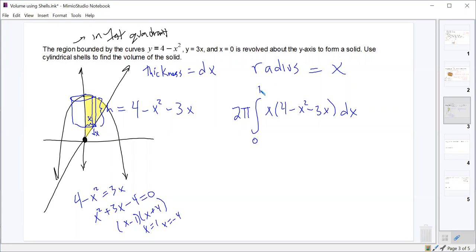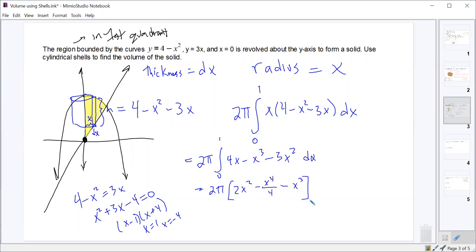Great. So now we have 2 pi times the integral from 0 to 1 of 4x minus x cubed minus 3x squared dx. And we'll integrate, and we'll plug in 1 and 0.